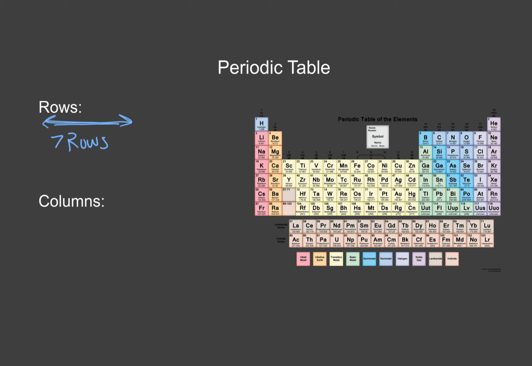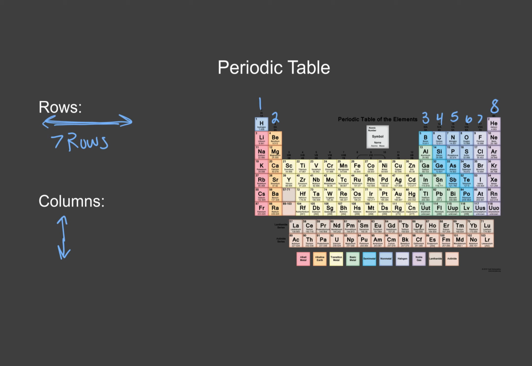There's a lot more columns. Columns read top to bottom, but there's really only 8 columns we need to pay attention to. So we have column 1, column 2, column 3, 4, 5, 6, 7, 8.